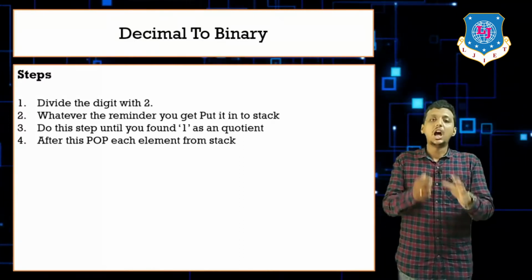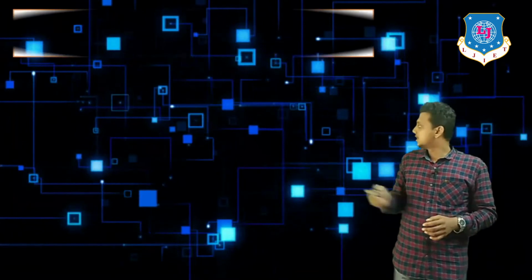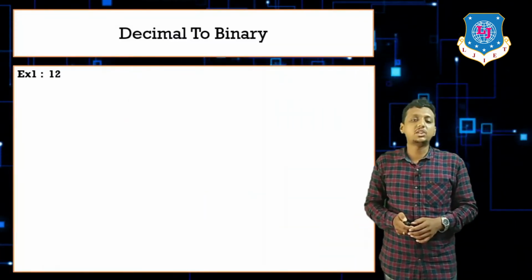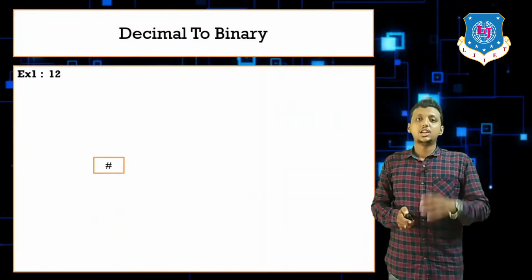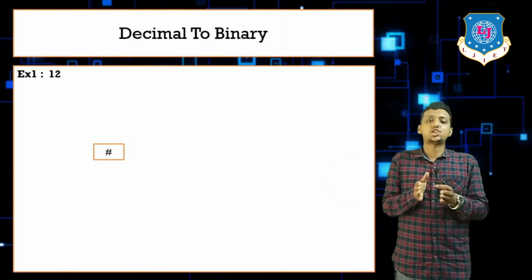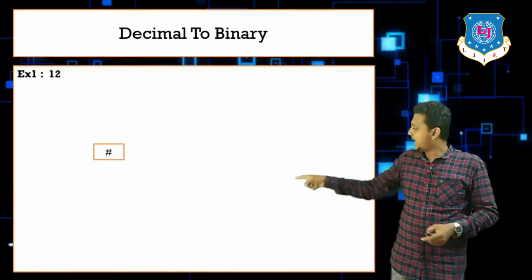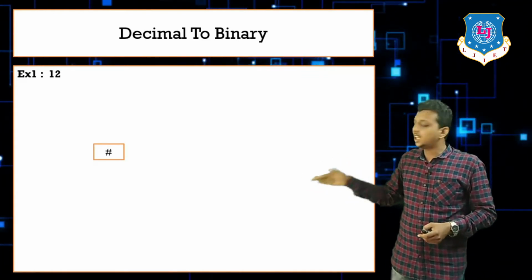Let me show you how this works. Here it is. First number, students, we have 12 with us. First, do not forget, I'm going to initialize my stack with hash. This hash shows the starting point of the stack.